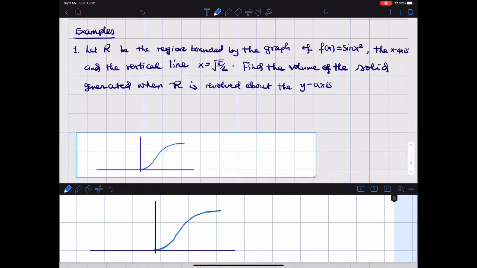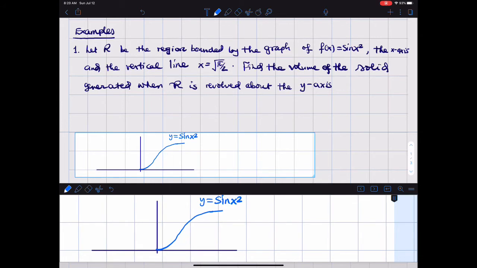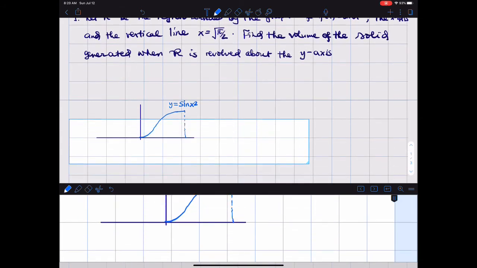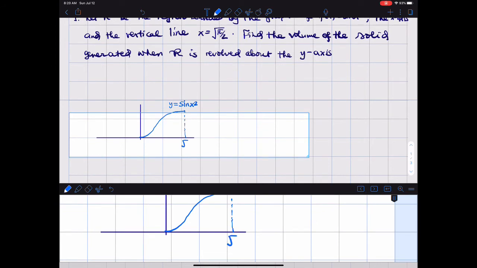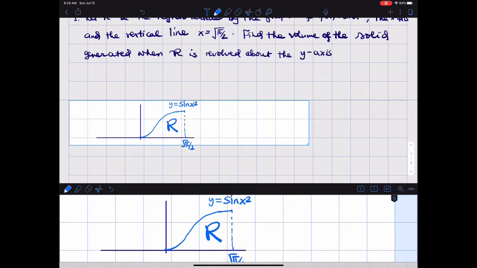So this is y equals sine x squared, and then we're going from 0 to x equals square root of pi over 2. So this is the region that we're talking about. This is the region R. And we're going to rotate R about the y-axis.